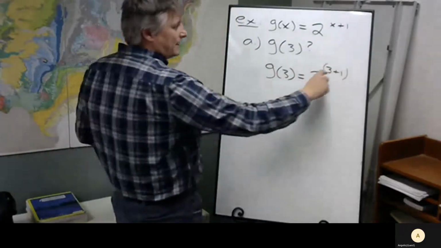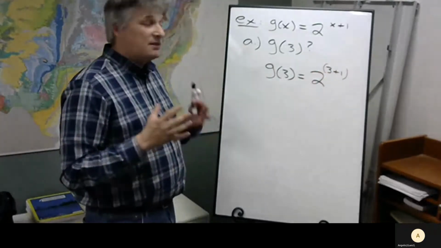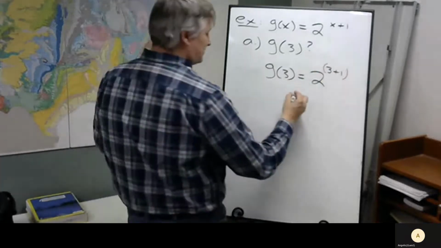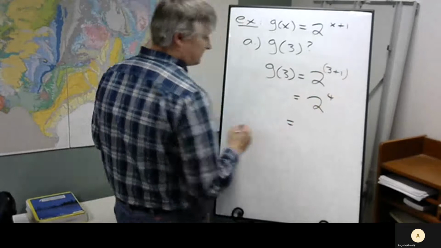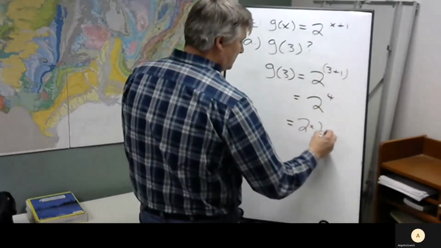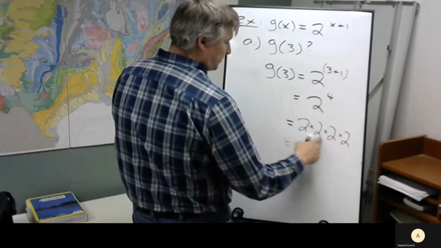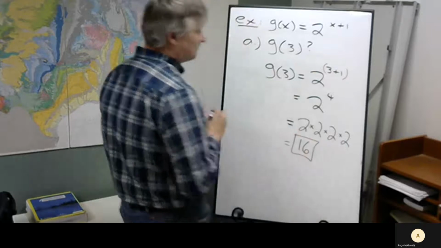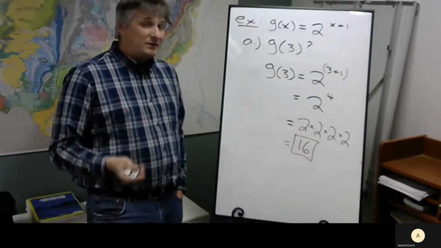So we take care of this first, turn it into a single number, and then do the exponent computation. So this is going to be 2 to the 4, and 2 to the 4 is 2 times 2 times 2 times 2, four 2s, or 16. So questions about that?